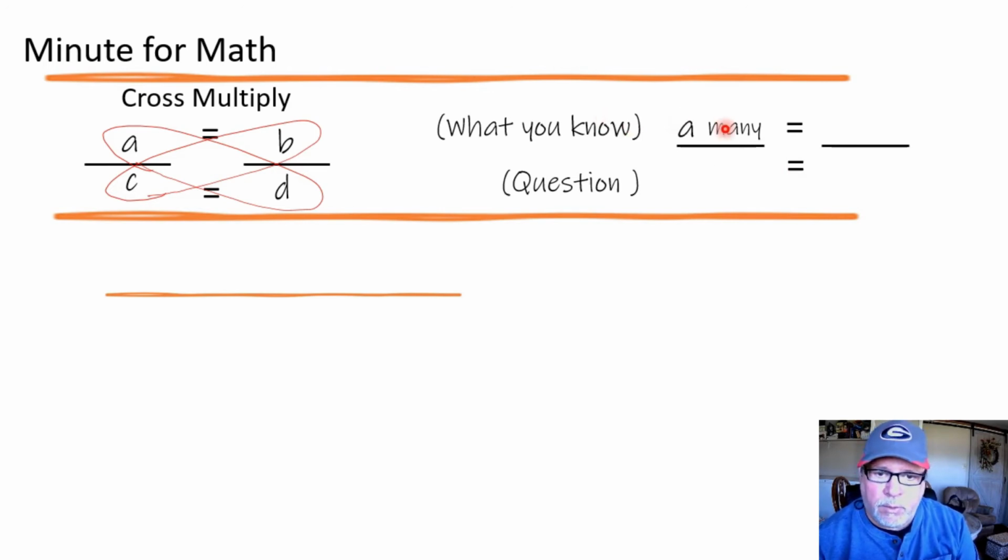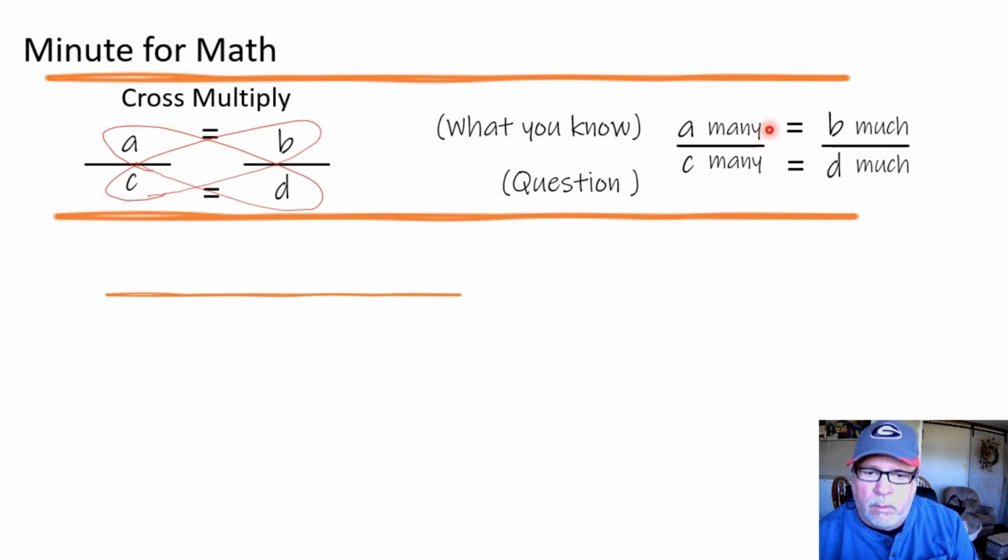So you always take what you know, like how many of something, and then it equals how much of something. The thing is, always put a label. Like if you got numbers in a problem, put a number here, label it. This might be feet, this might be inches. It might be saying this many inches equals this many feet. So you want to make sure you pair up your information in sets, like how many, how much.